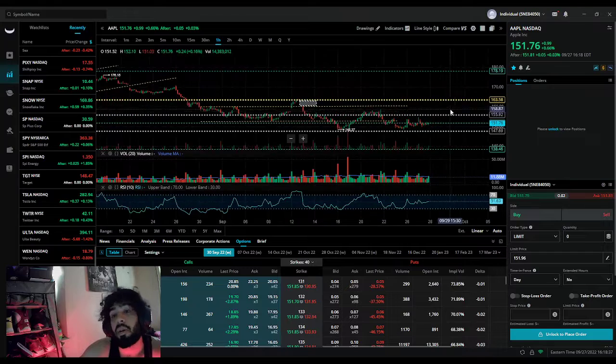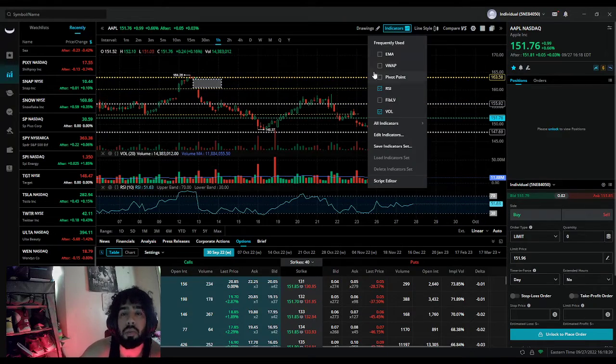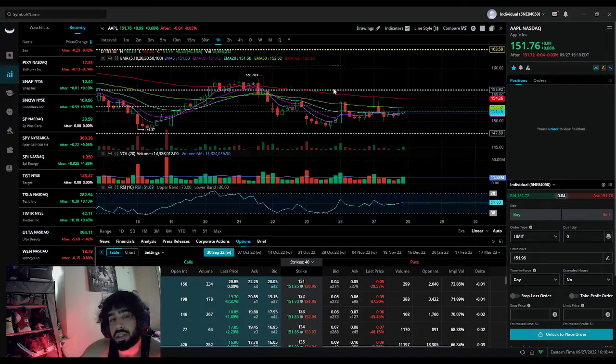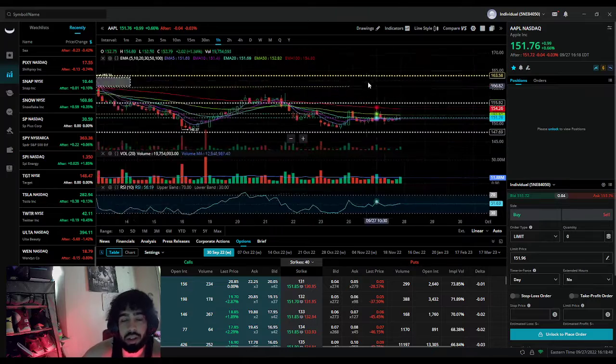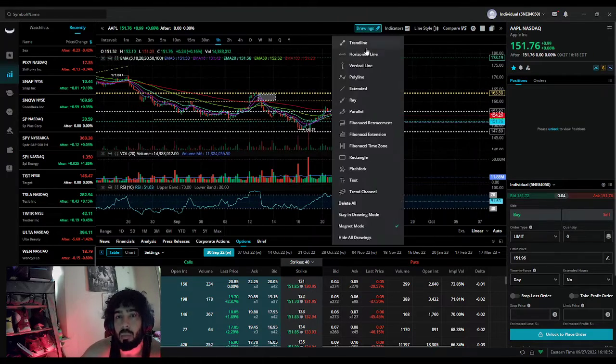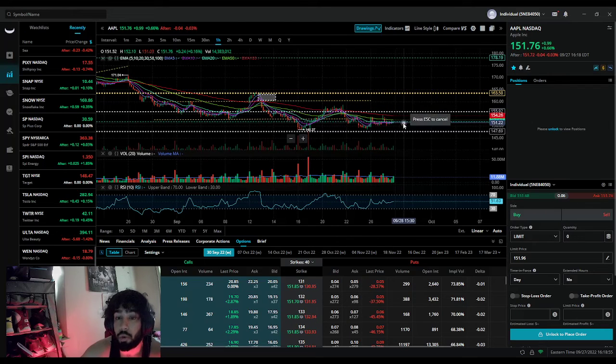What I'm expecting tomorrow, let's break it down. Tomorrow I'm expecting a move, because right now the EMAs are getting closer, and on the hourly it's 51, which means it could definitely increase. I am expecting a positive move tomorrow. I'm expecting a little bounce.